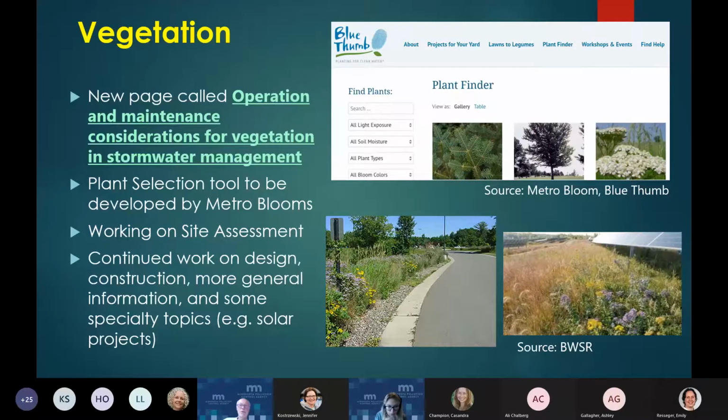So the plant selection tool is going to be undergoing a facelift in the next year. And Metro Blooms is working with Dan Shaw from Bowser on that, but we're obviously maintaining good contact with them. We're going to continue to work on design, construction, and more general information, including some specialty topics such as what vegetation you should be putting at solar farms.